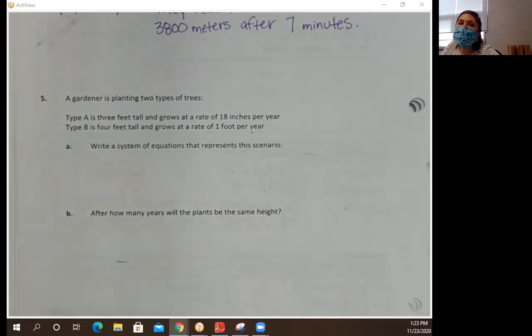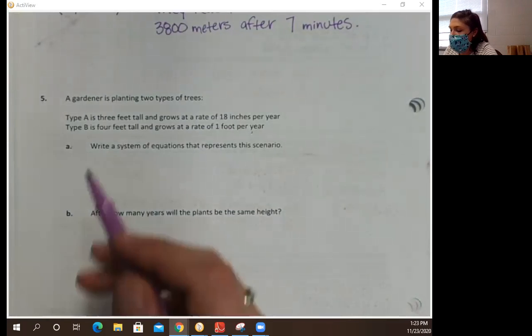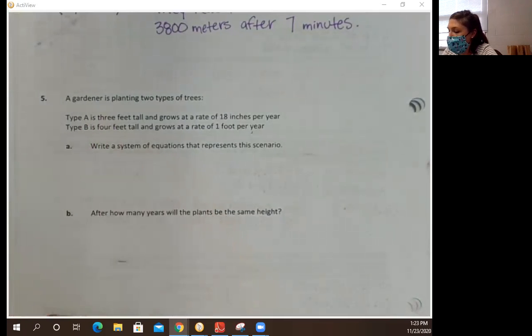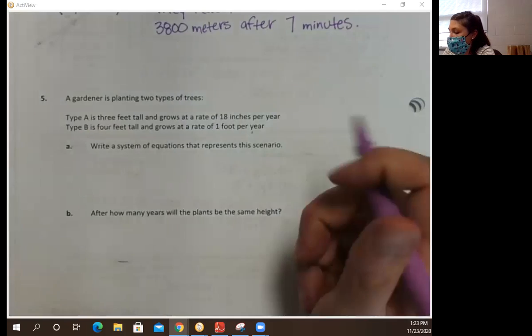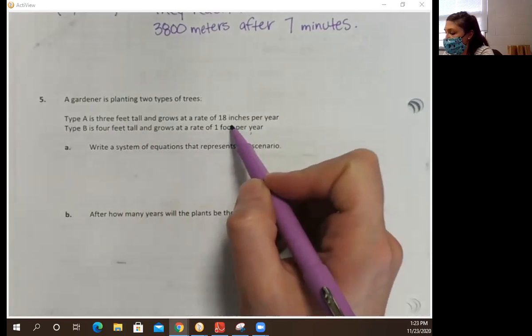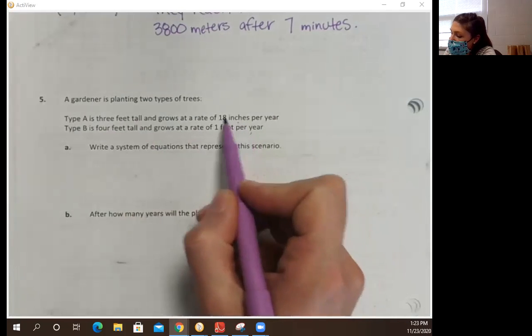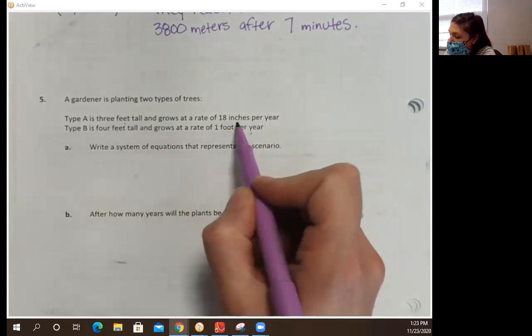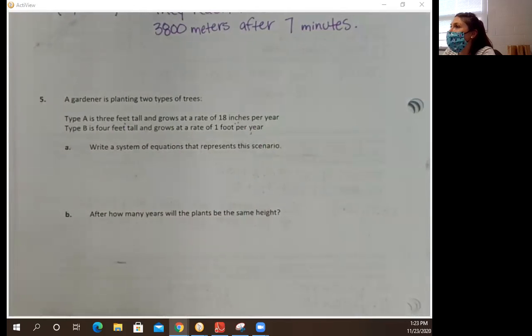We do need to be a little extra careful when we write our function for this problem, particularly for tree A. It says our tree A is 3 feet tall and grows at a rate of 18 inches per year. I'm not using the same unit here. I need everything to be in the same units, okay?